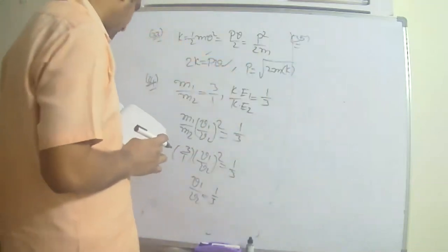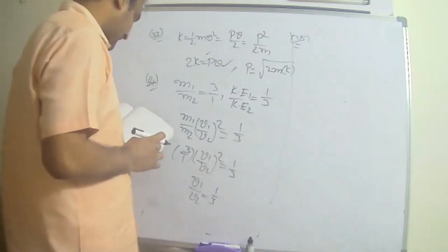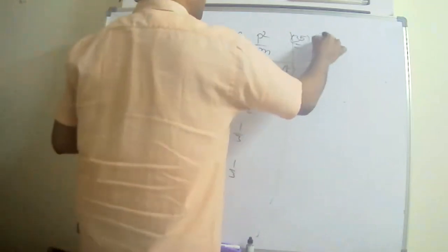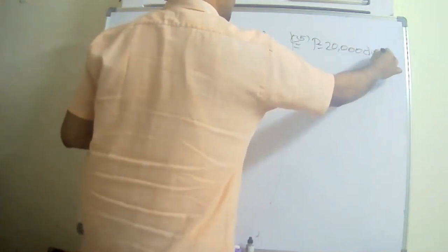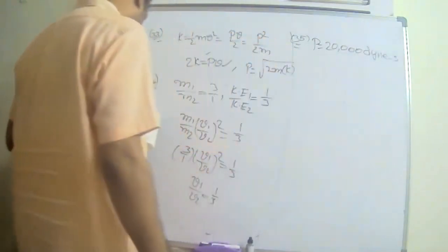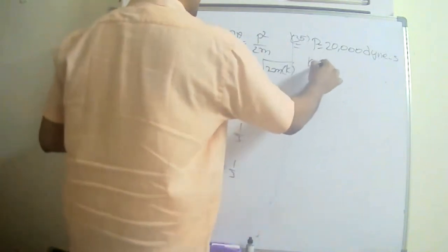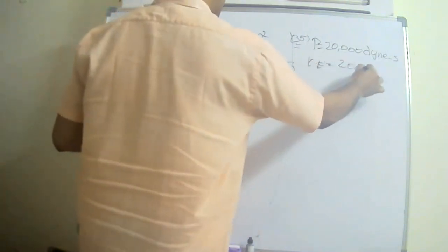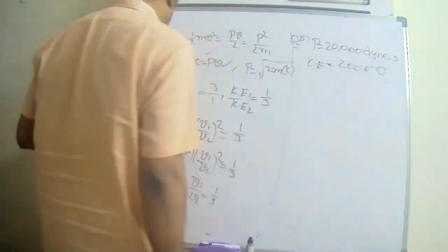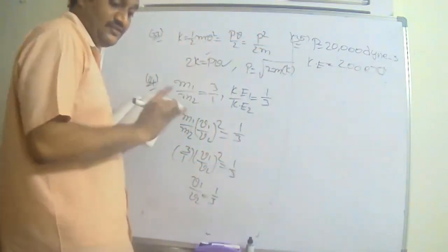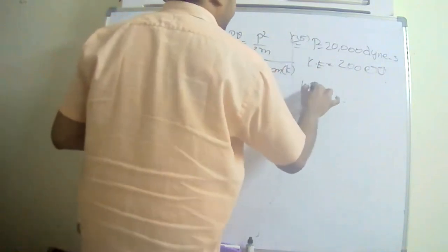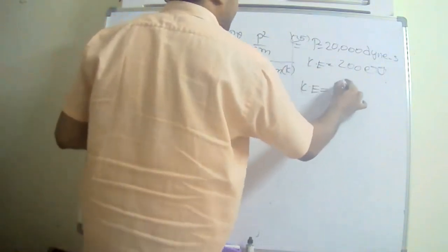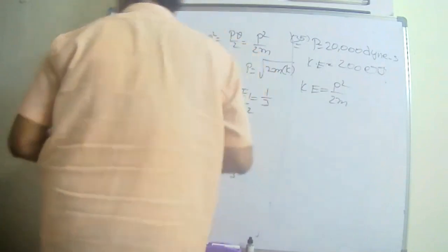35. The momentum of a body is 2000 dyne second. Okay, CGS units lo icharu. The kinetic energy is 200 erg. The mass of the body is? గుర్తుపెట్టుకోండి, మాస్ SI యూనిట్ లో కాదు CGS యూనిట్ లో వస్తుంది. ఫార్ములా ఏంటి? KE is equal to P square by 2m.